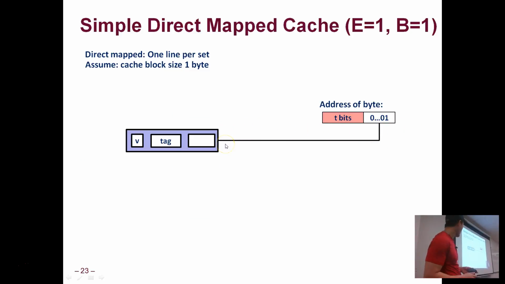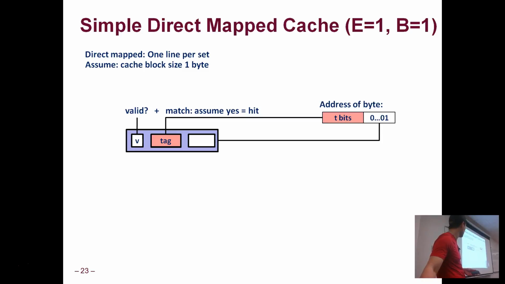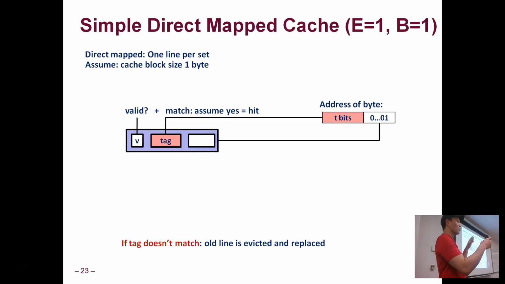And then based on the block that is there at that set, you then compare the tag. And if the tag matches and the valid bit is 1, then you can use the byte that gets returned. So if the tag doesn't match, then you have to go to the next level of the caching hierarchy and bring back the block that you need.